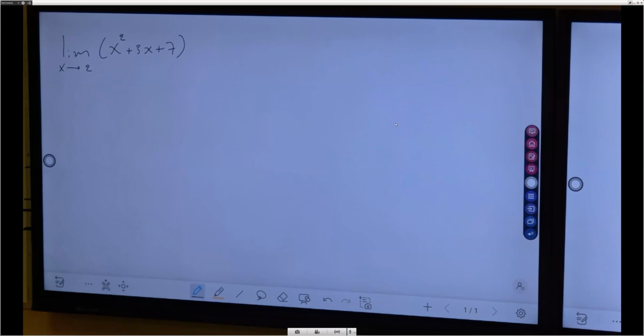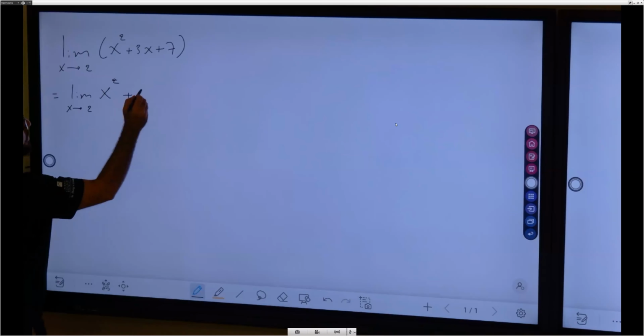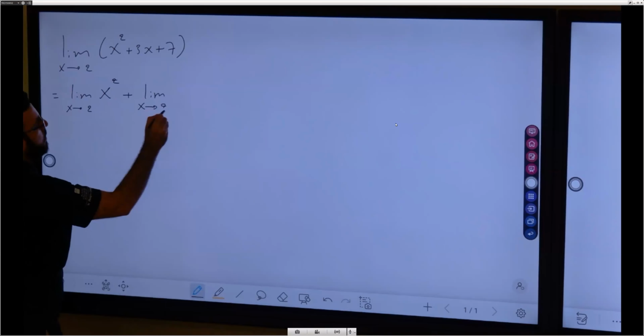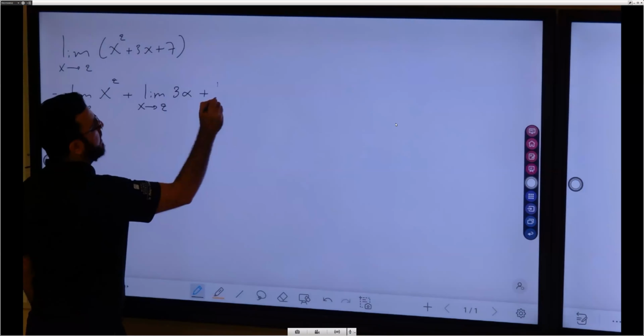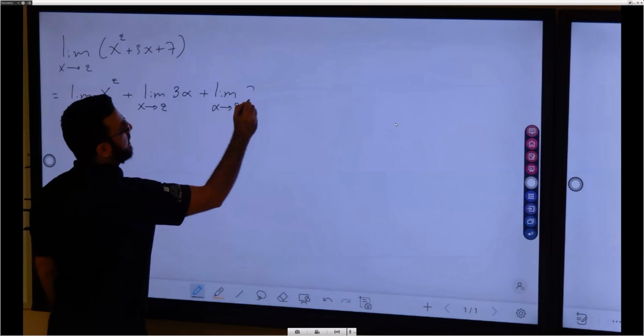That means it's going to be, let's do it as a math way, which is in fact the limit for x approaches to the 2 to the x squared plus the limit when x approaches to the 2 to the 3x plus the limit when x approaches to the 2 to the 7.